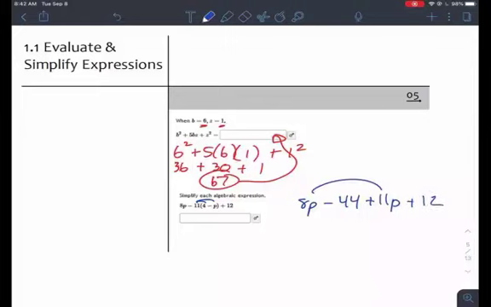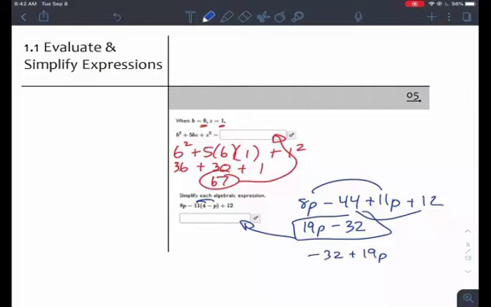So 8p plus 11p is 19p, negative 44 plus 12. I take their difference and assign it the sign of the larger, negatives, so that's negative 32. Now when you write this, you'll normally write it with the variables written first, but you don't have to. If you had written negative 32 plus 19p, it would accept that, but this would be, again, the preferred form.